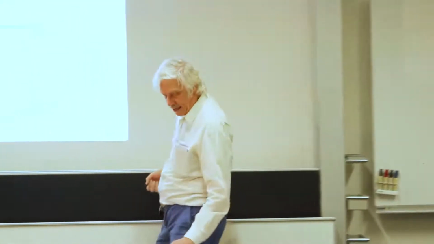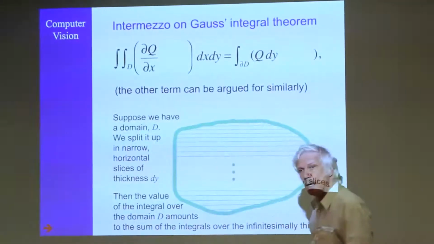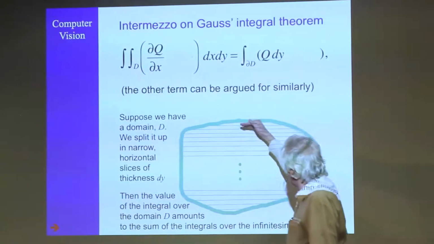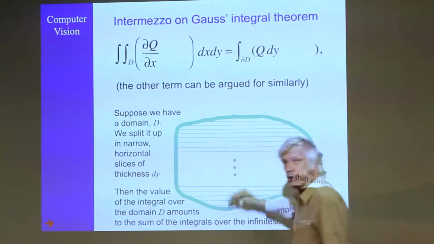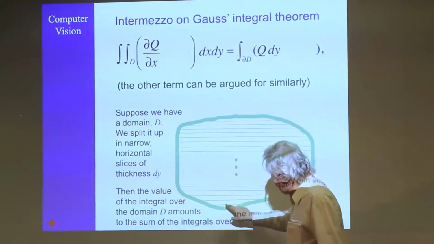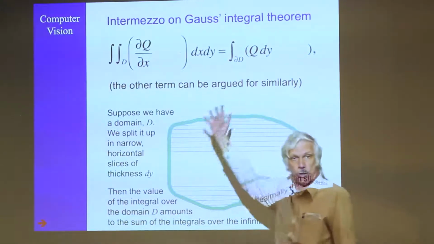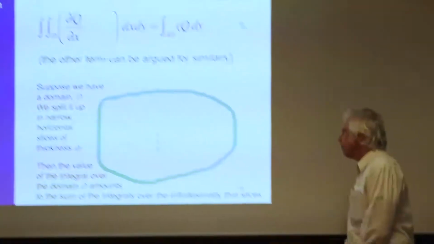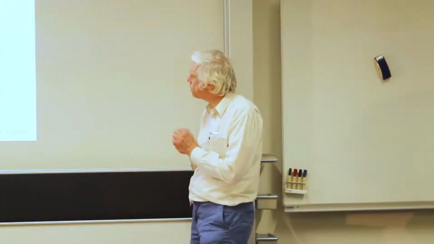But as you will see, the value across the entire domain is just the value of the integral over each of these slices summed. Okay? So the value of the entire domain is the value over each of these slices when summed. Okay. So the question now is, what's the value of a slice?